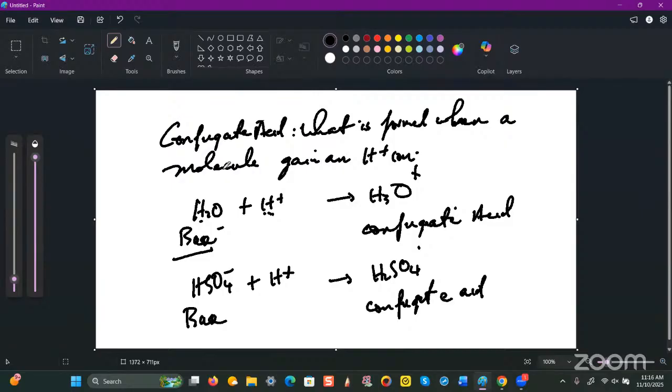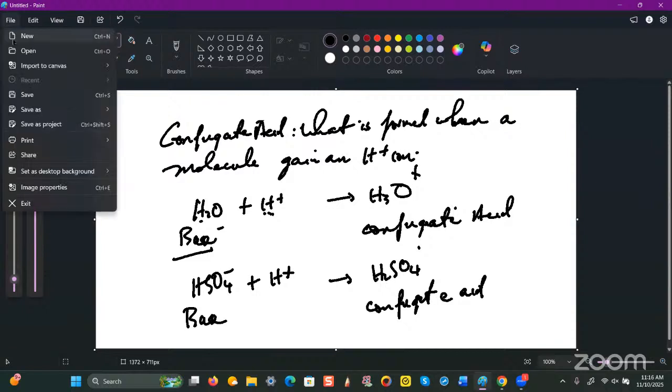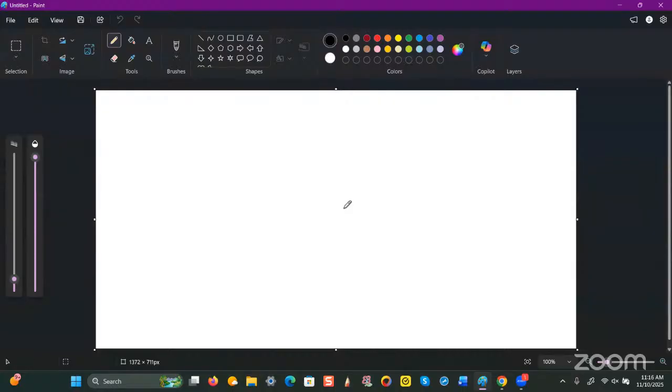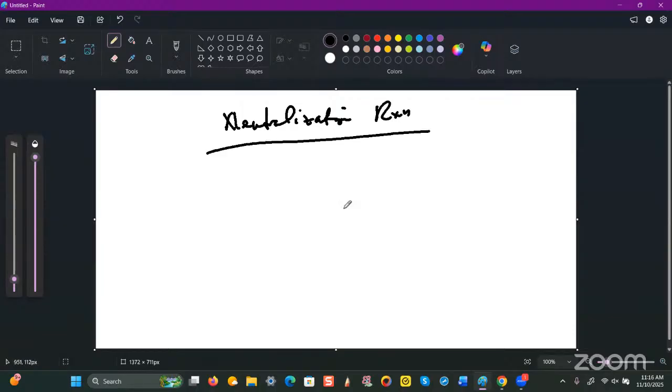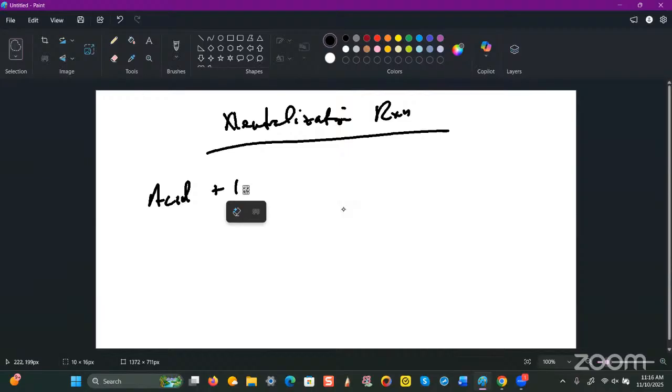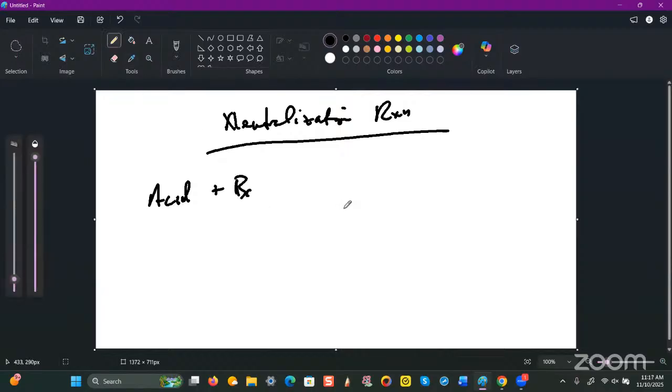All right, so now that we have covered the definition, let me talk about what we call the neutralization reaction, which is the reaction between an acid and a base, to form a salt and water, right?